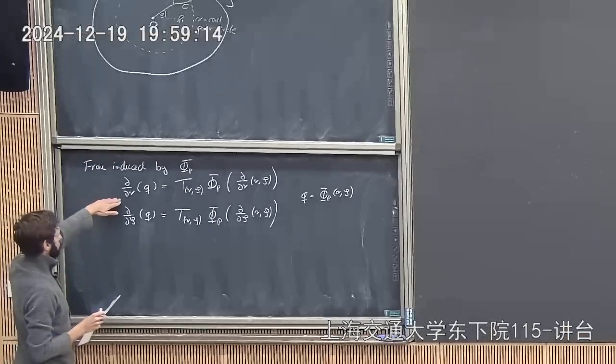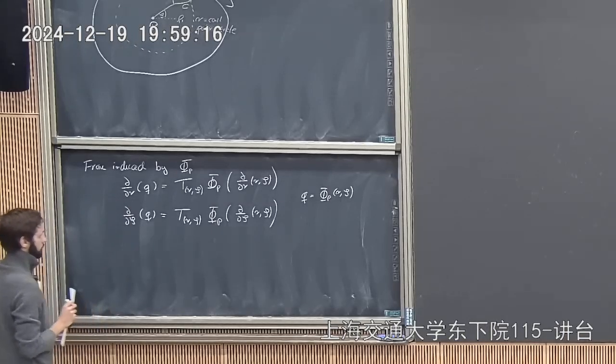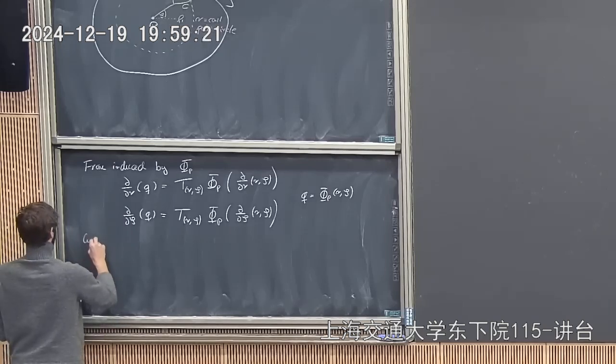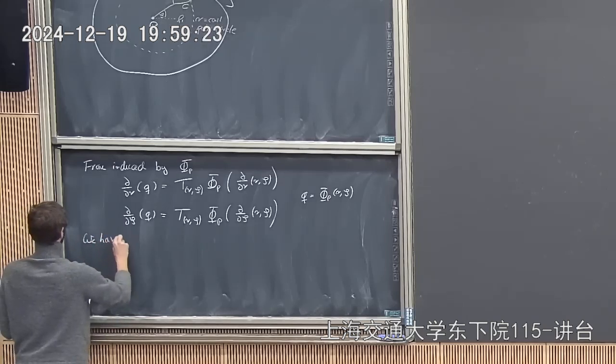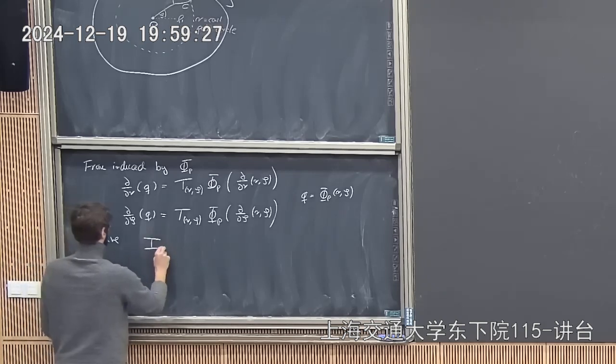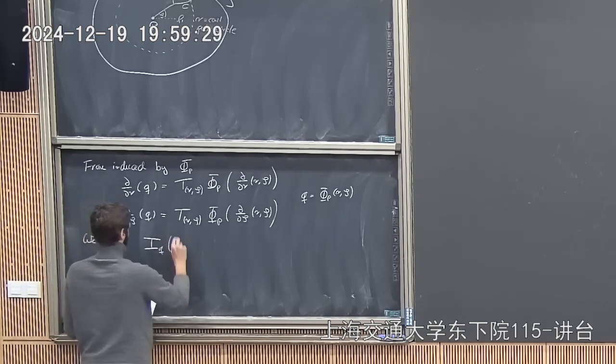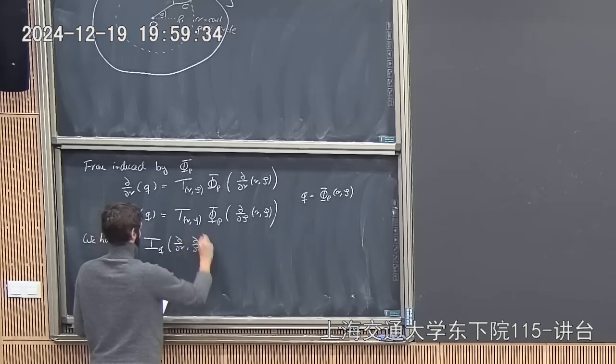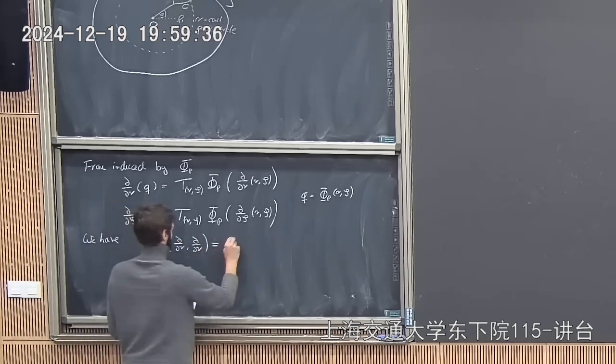So then it turns out that this frame, d/dr and d/dphi, is not an orthonormal frame, but we have the following, namely that at every point q, if you take the norm of d/dr, you get 1.